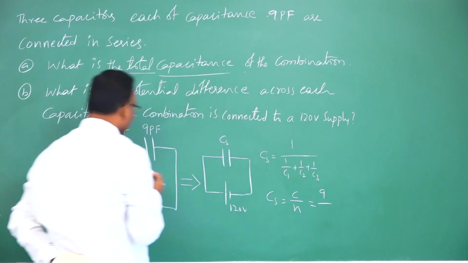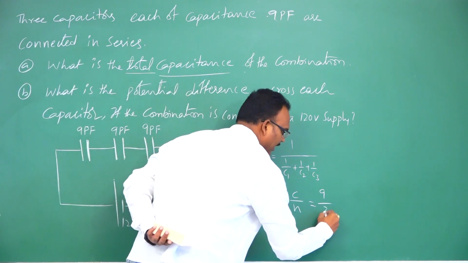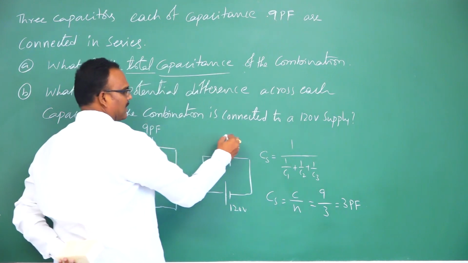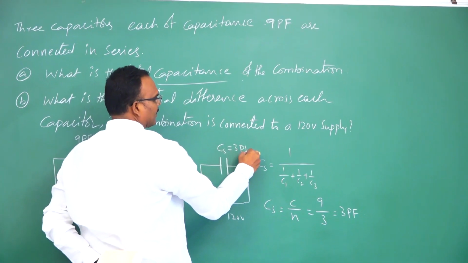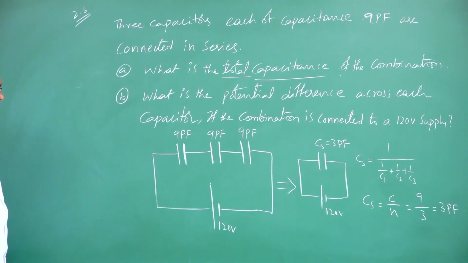How many capacitors are connected like that? 3 capacitors. So divided by 3, you will get 3 picofarad as the effective capacitance. CS is 3 picofarad. Okay, that is the first one.